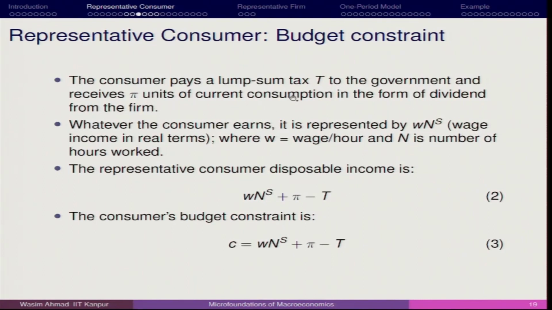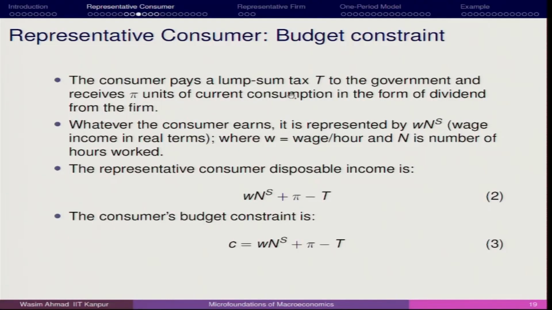So, here we are introducing a macro variable: the lump sum tax T. And another factor is that the representative consumer also has an extra source of income. Apart from the NS-linked wage income, this representative consumer is also going to get some amount of dividend.